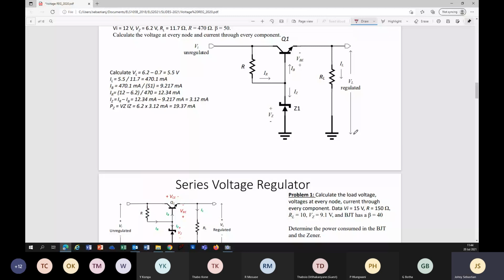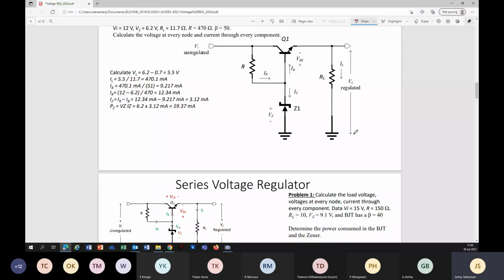You can see there, VZ is 6.2 volt. RL 11.7 ohms. Value of R is 470 ohms.